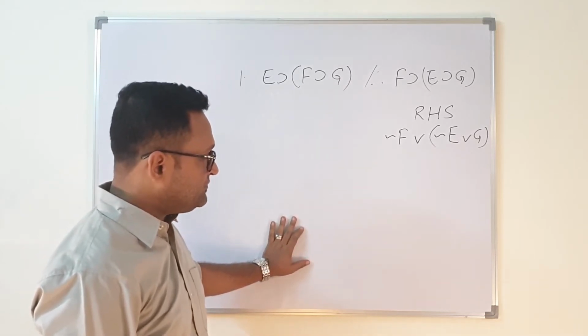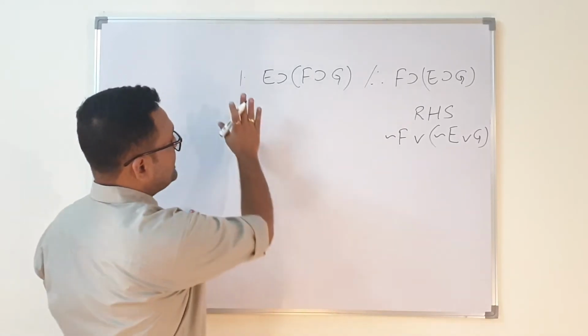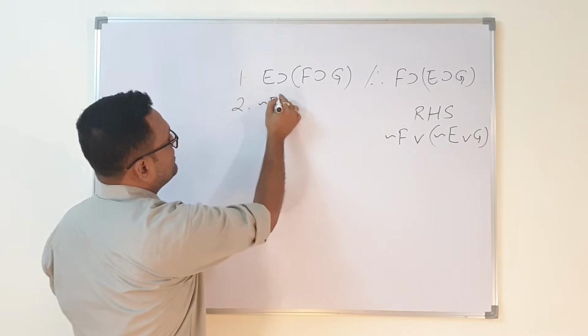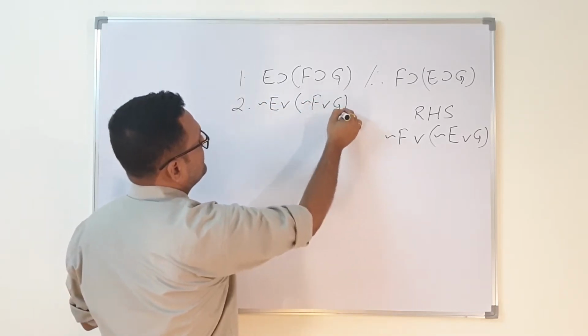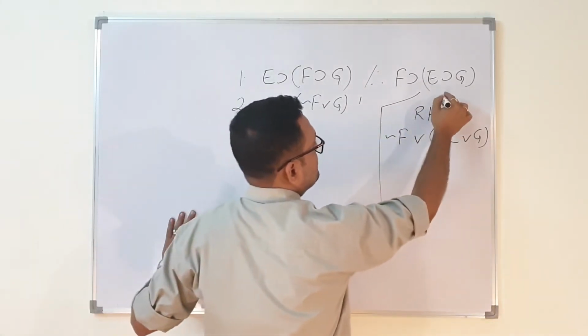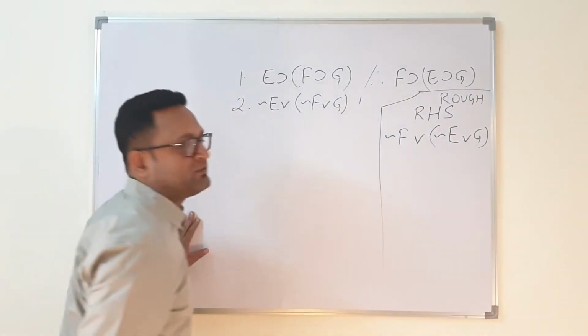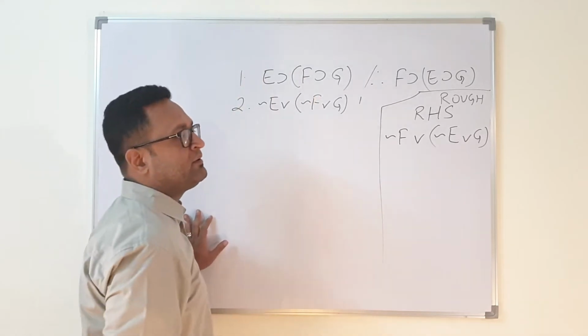Now you will have a little bit of an idea, because if I solve this, I will get negation of E wedge, negation of F wedge G. I put this as rough work, so please do not get confused that this is part of the solution. This is something which I am doing in my mind.